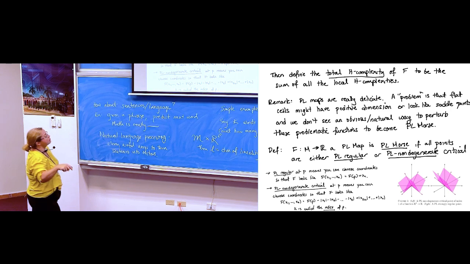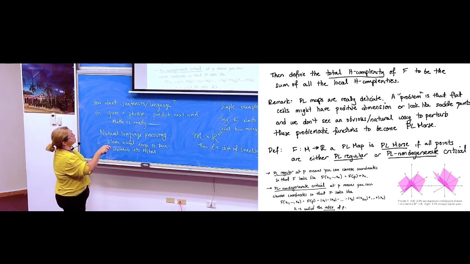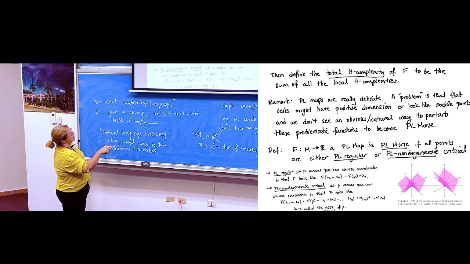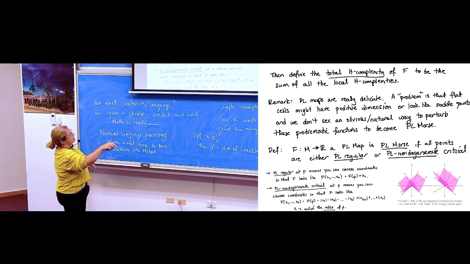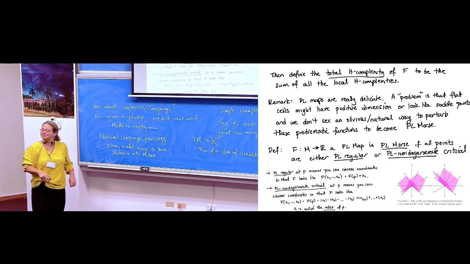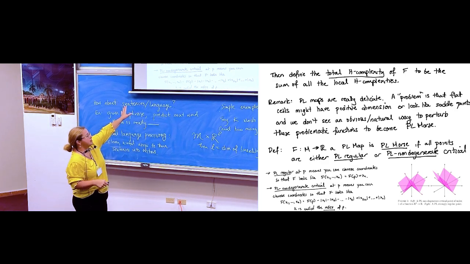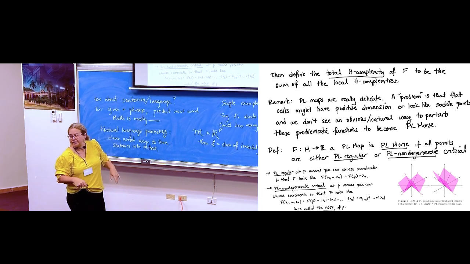And non-degenerate critical means you can choose coordinates where it's a constant, and then in some directions the function goes up, and in other directions the function goes down. In particular, this does not work when you have flat cells of positive dimension.